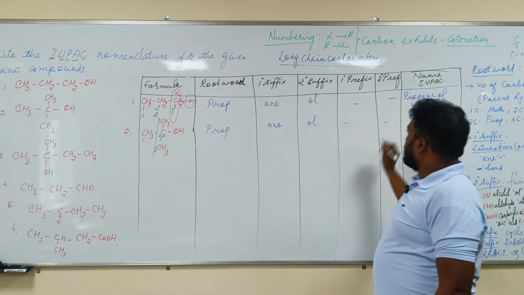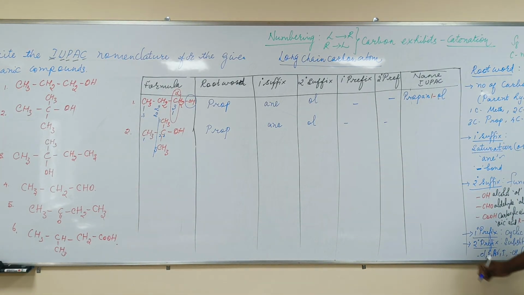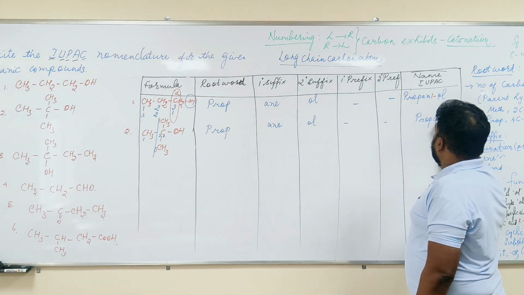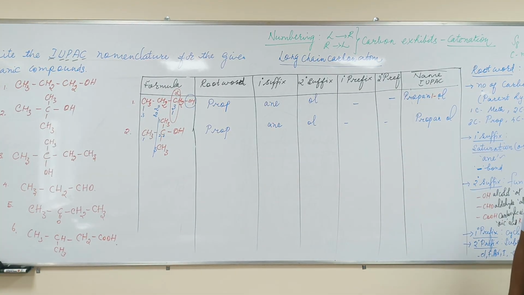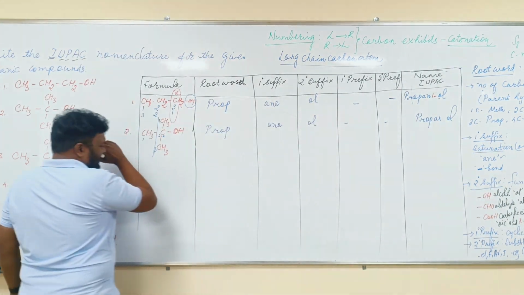Here primary and secondary we don't have. Now we can write the name of the compound. That is prop, ane, OL is present. Now listen carefully. Now numbering works out. Branches you can see.